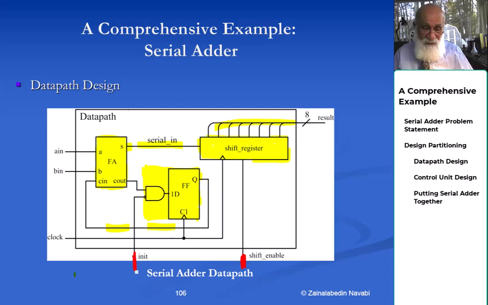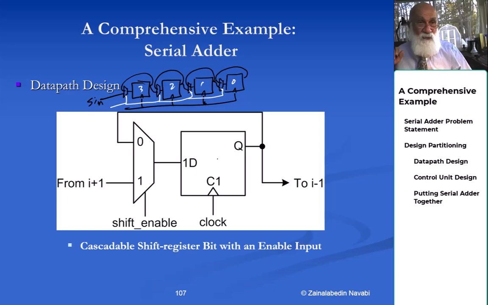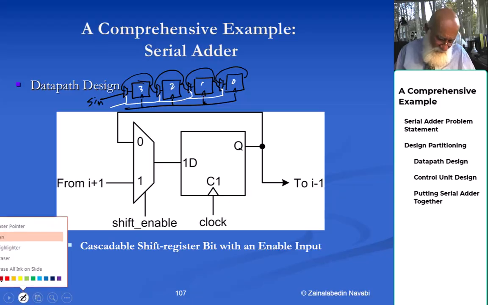Now looking at this diagram here, we know the full adder, we know the flip-flop, and if you had any doubt about the shift register, this is the structure of the shift register. And the outputs of the shift register are these here.